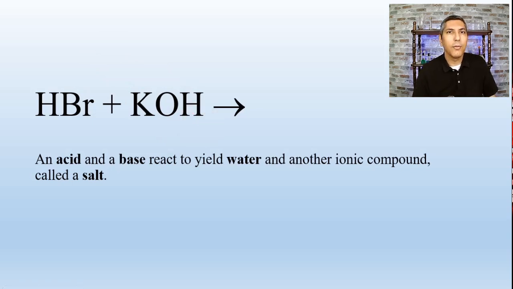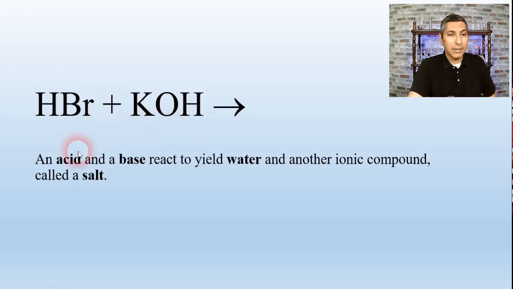In fact, we give this special type of double replacement reaction a name because this is not just any 2 ionic compounds we're adding together. We're adding together an acid and a base. If it starts with hydrogen, we're going to call it an acid. If it ends with hydroxide, we're going to call it a base for this purpose.